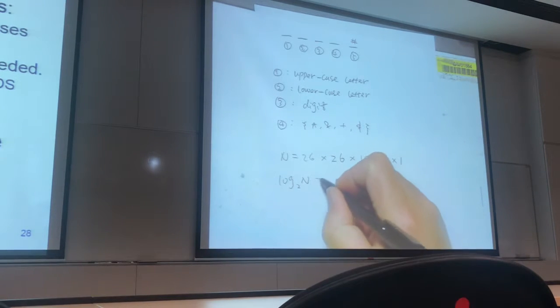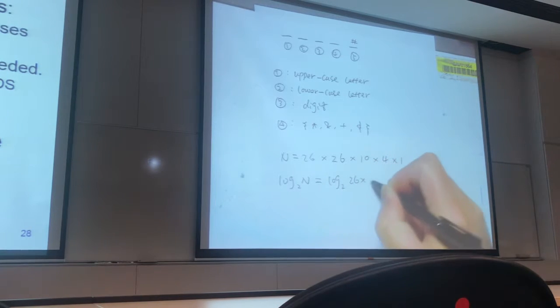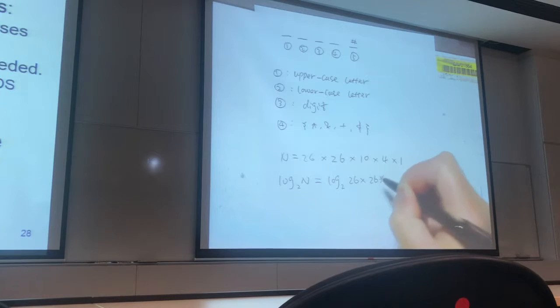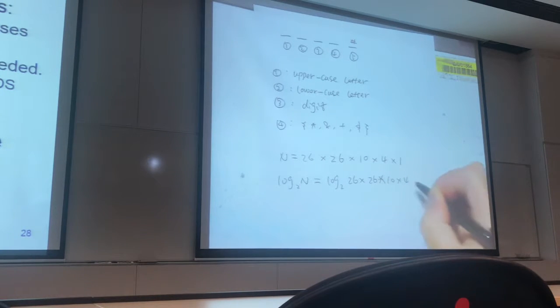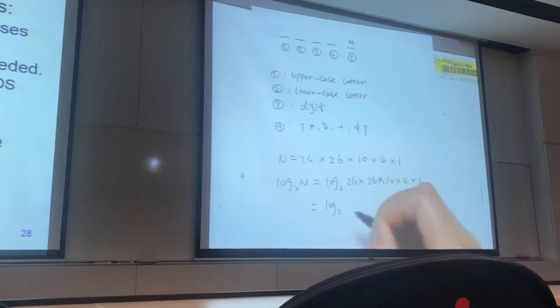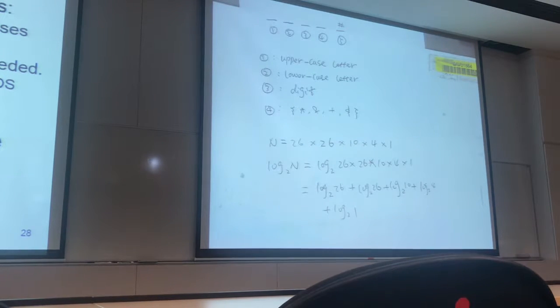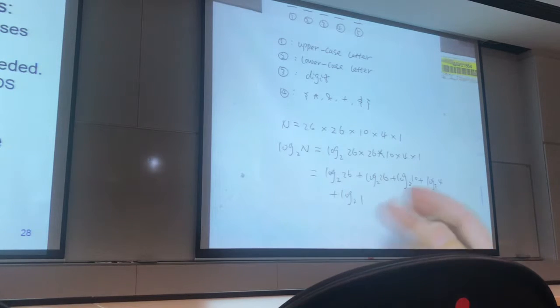So log n is equal to log base 2 of 26 times 26 times 10 times 4 times 1. This is equivalent to log base 2 of 26 plus log base 2 of 26 plus log base 2 of 10 plus log base 2 of 4, and then plus log base 2 of 1. Because of the logarithm, if you have multiplication, you can now add them together.